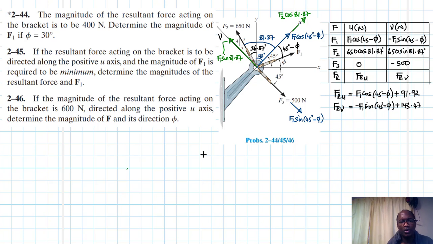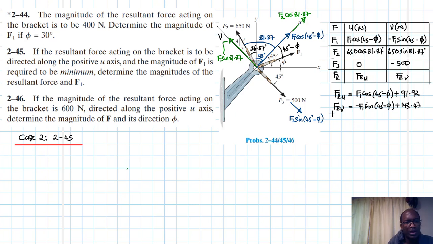We have these components. So now let's go to case 2, which is 2-45. The resultant is already given. The resultant we've been told is along the u-axis.